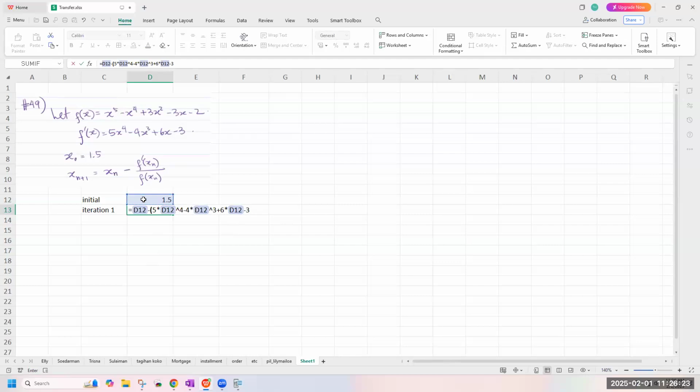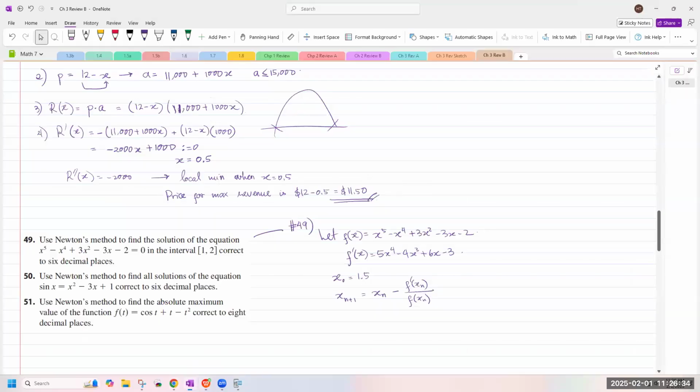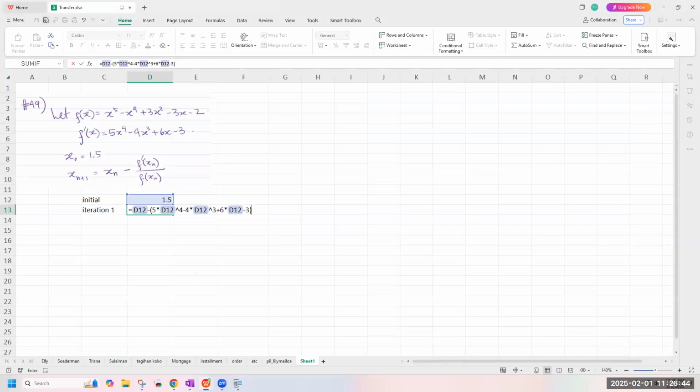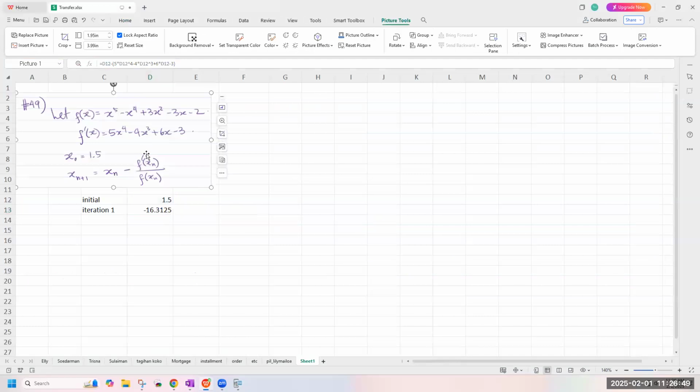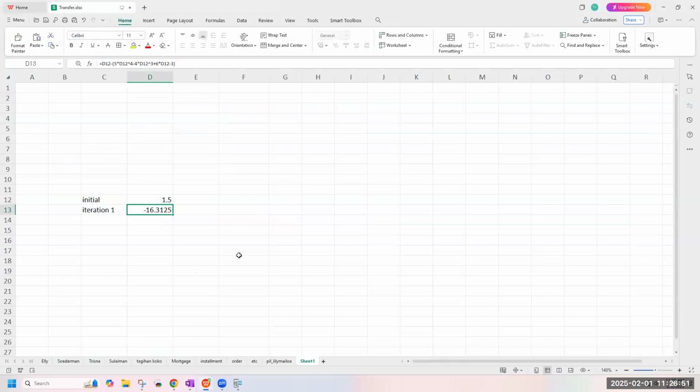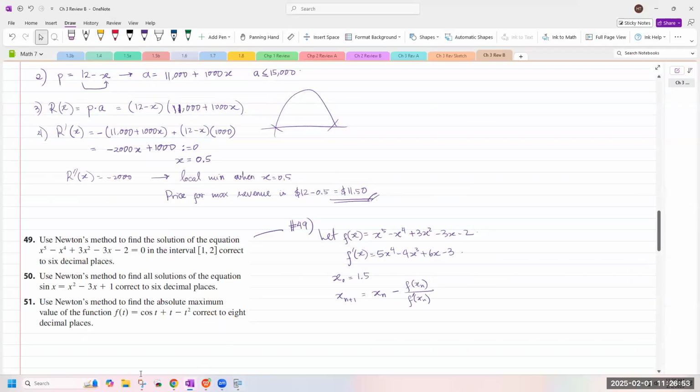Oh no, I don't think that's the formula. The formula is supposed to be f(xn) over f prime. I wrote it wrong. It should be f on the top and then f prime at the bottom. Okay, let me correct what I have here. This is incorrect. Let me change that. Yeah, it should be this one.